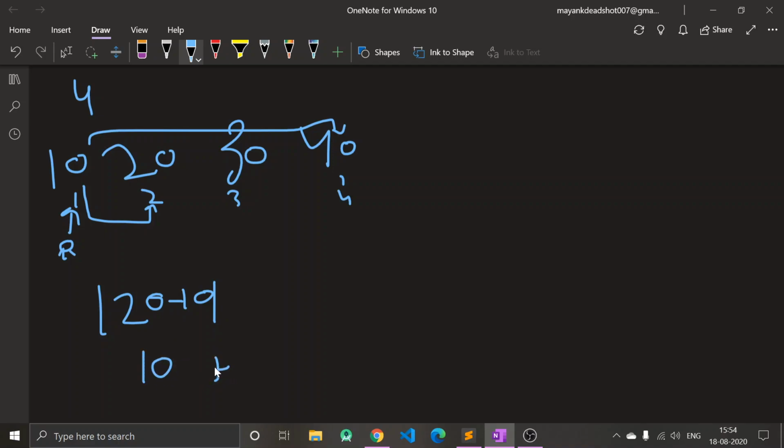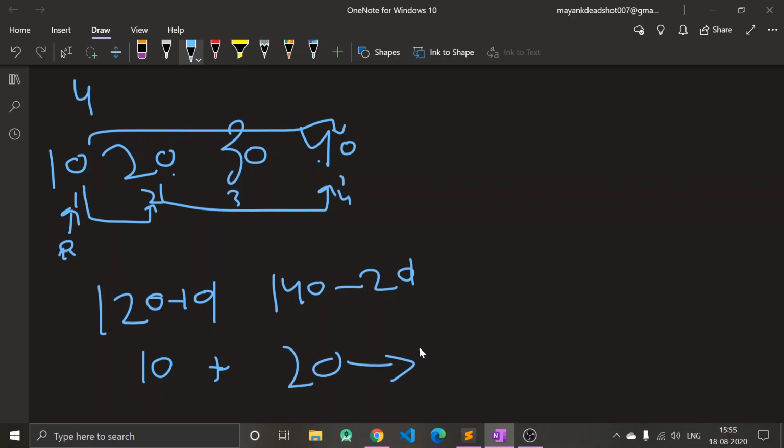Plus, from 20 we have to go to 40, which is the last stone. 40 minus 20 is 20, and its absolute value is also 20, so the answer will be 30.